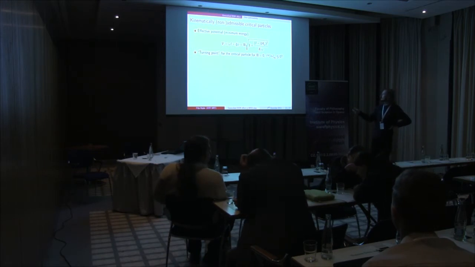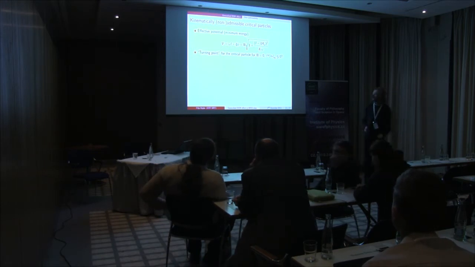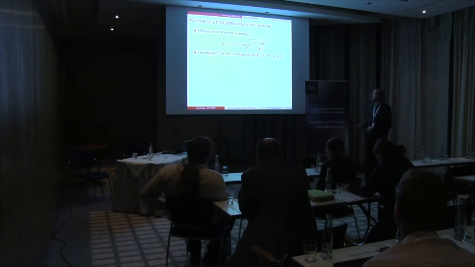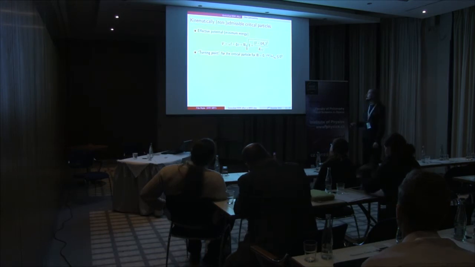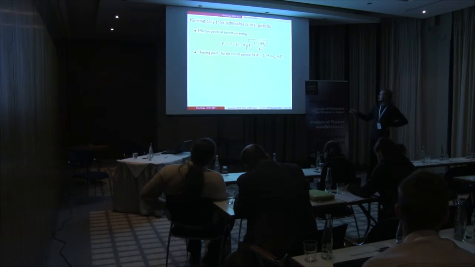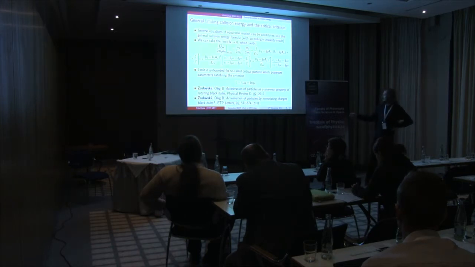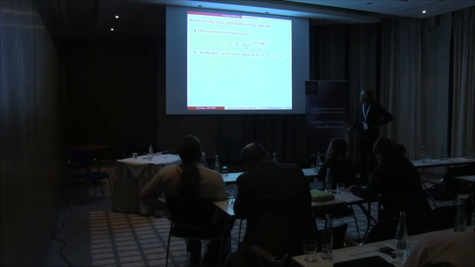This is the effective potential that tells us the minimum energy with which a particle can move at a given radius. Near the horizon, the lapse goes to 0, so this term is not here, and omega and phi go to the horizon value, and we get exactly this. So the critical particle indeed has a minimum energy at the horizon.